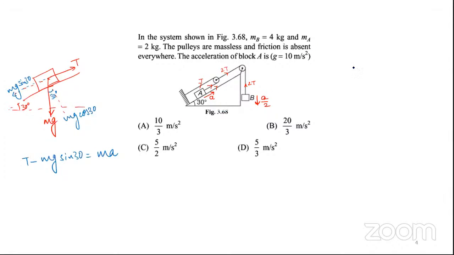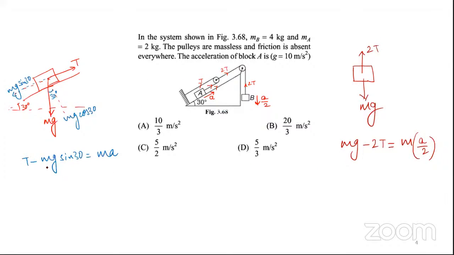Let's make an FBD for B. It has 2T upwards and below it has mg. We also have the values of masses; we substitute them in the next step. So we have mg minus 2T equals m into a by 2.